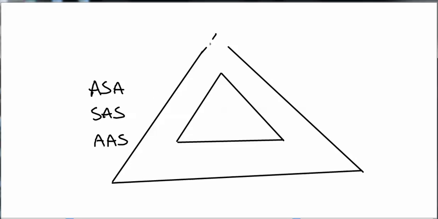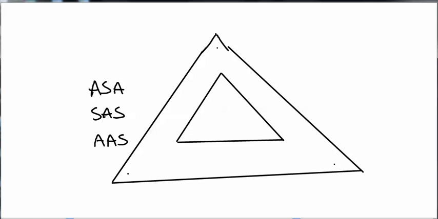Couldn't all of these angles be 60, 60, and 60? Yeah. Are those two triangles the same? Are they congruent? No. So you can just take a small triangle and blow it up and all the angle measures would stay the same, but the triangles wouldn't be congruent. Does that make sense? That's why there is no angle, angle, angle.